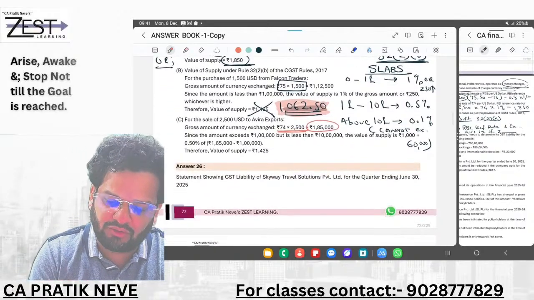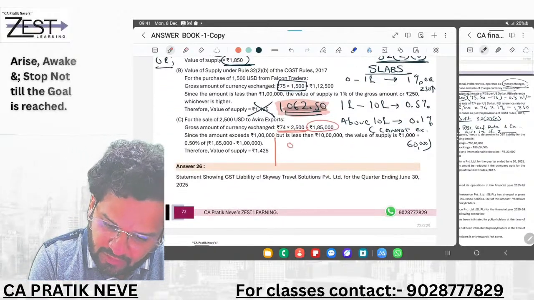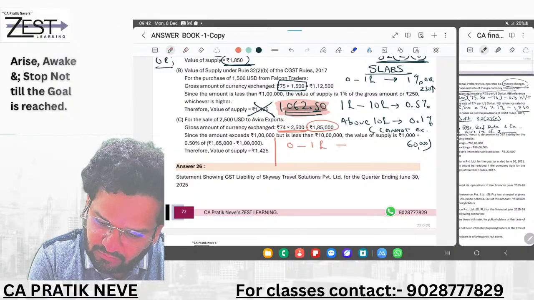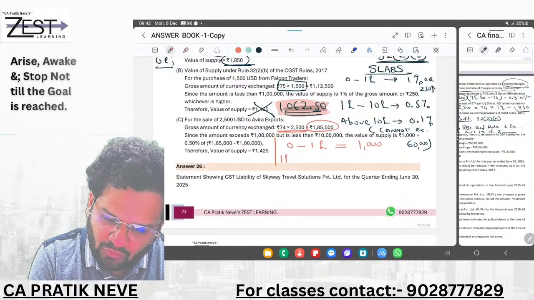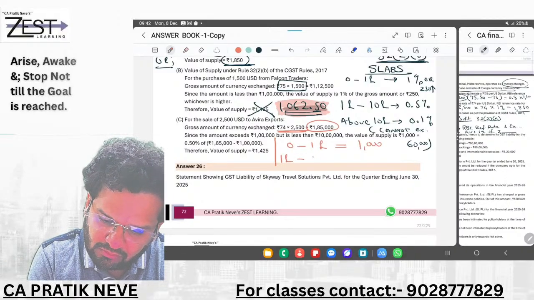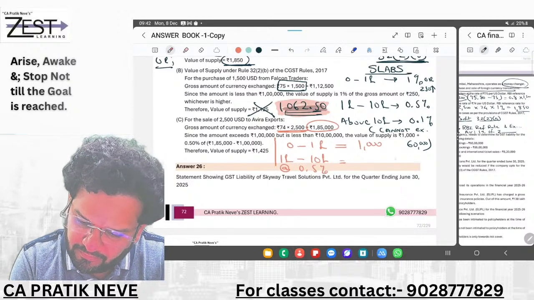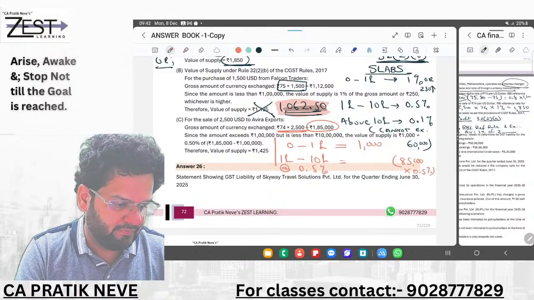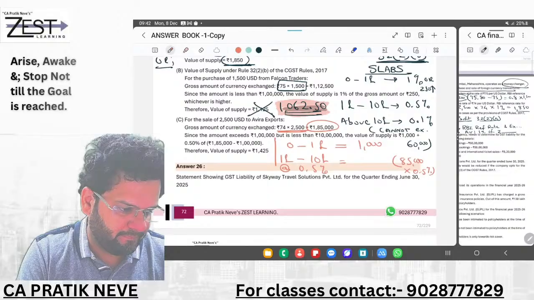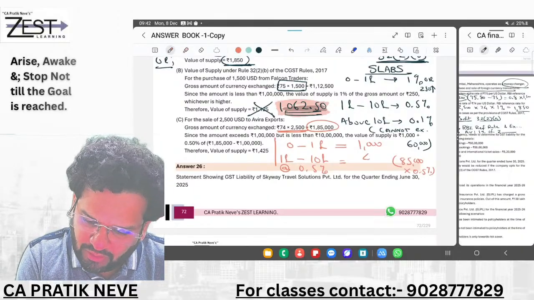So what will you do? 0 to 1 lakh, 1,000, and then 1 lakh to 10 lakh at 0.5%, which will be 85,000 into 0.5%, 425.